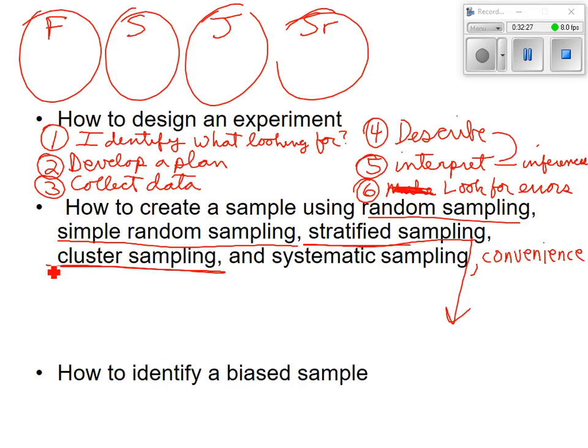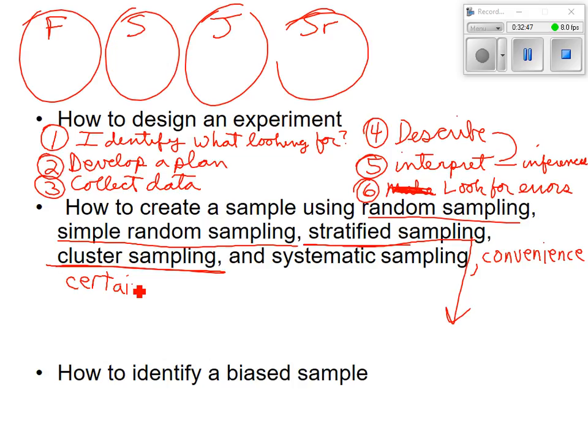How could we do a cluster? Classrooms, certain classrooms. Maybe we pick room 208, room 212, room 215, room 217, and we just pick certain classrooms.